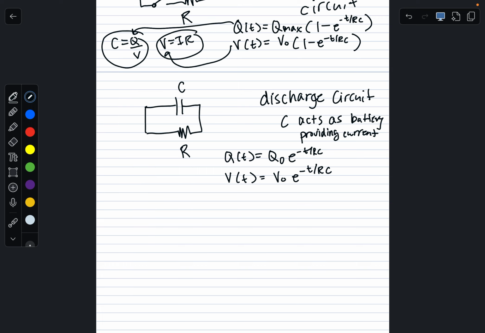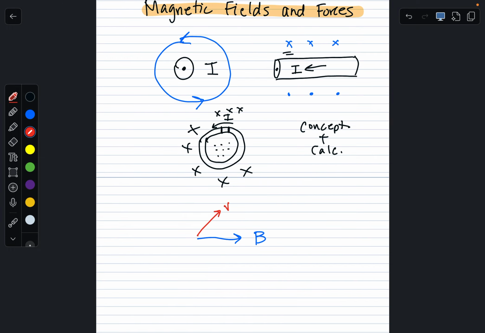So if you have a magnetic field pointing this way and a charge moving with velocity v that way, let's say it's a positive charge, then the force direction is going to be, using the right hand rule, fingers in the direction of v, sweep it into B. My thumb is pointing down.